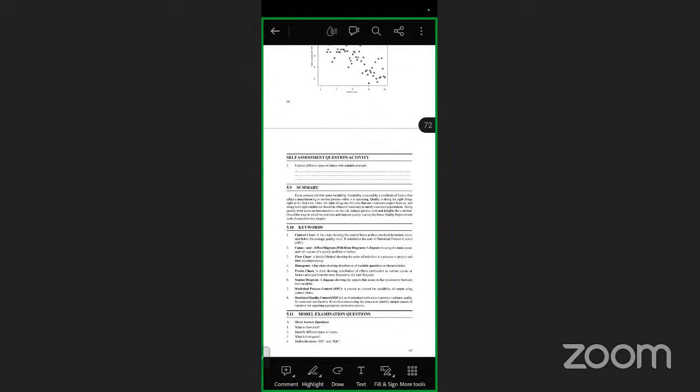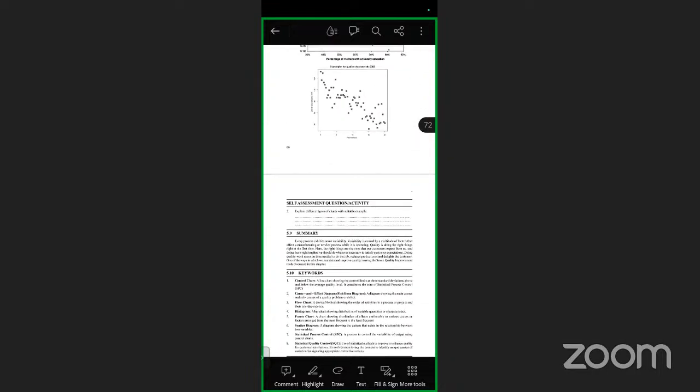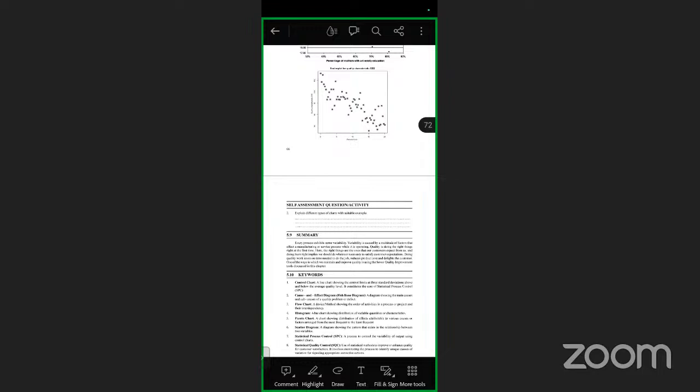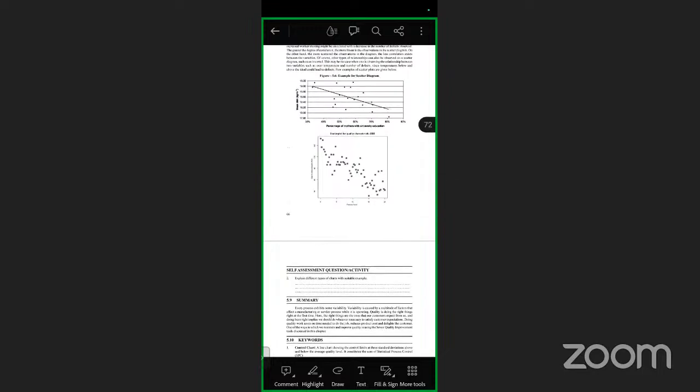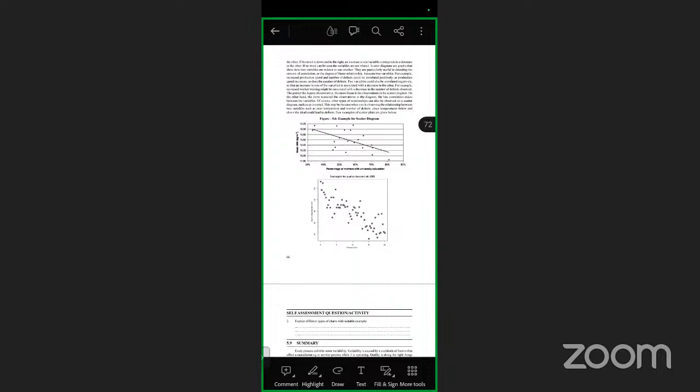Okay, so this is a very simple unit. You don't have any formula to remember, but you have to remember how it practically happens. In Excel, there is a provision. You have the data, select the data, and you will have the charts section.